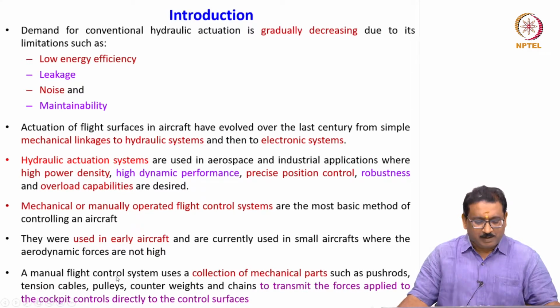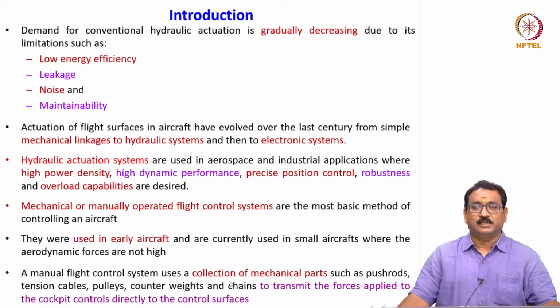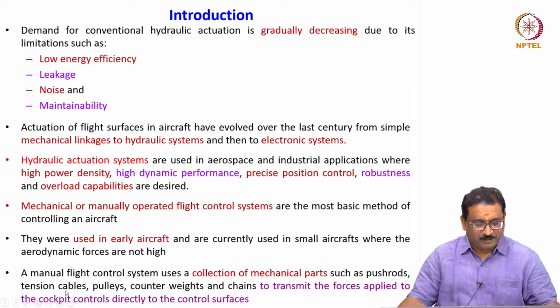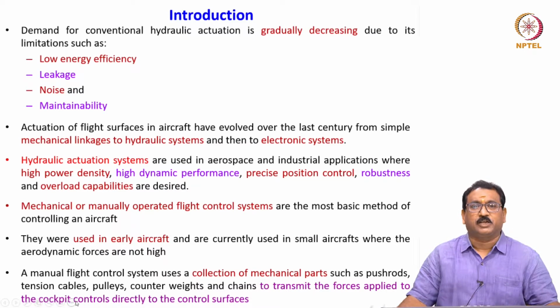A manual flight control system uses a collection of mechanical parts such as push rods, tension cables, pulleys, counterweights, and chains to transmit the forces applied to the cockpit controls directly to the control surfaces.